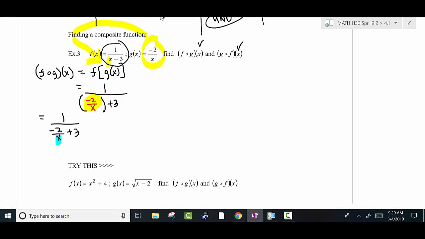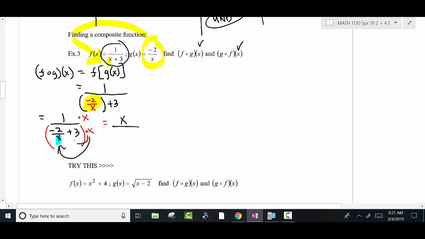So all I really got to do to make that x go away is multiply everything in the bottom by x, but then I have no choice but to multiply everything in the top by x, because I'm really multiplying by 1 over 1, so I'm not changing anything. So what you would have is numerator 1 times x is x. Denominator, see, I'm doing a distributive property. And you can do this in your head, but I have negative 2 over x times x.